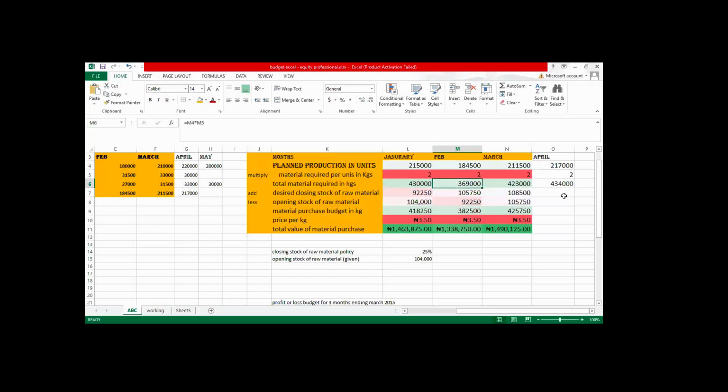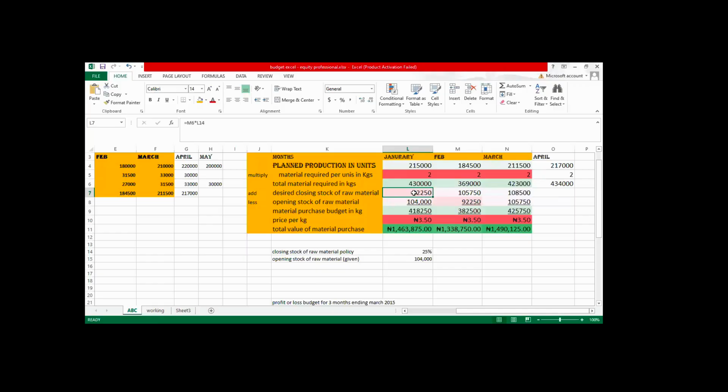Now, policy on closing stock. Examiner says for raw material closing stock, the company plans to maintain 25% of the following month's production requirements. That means if I want to get closing stock for January, I will now compute 25% of the following month.